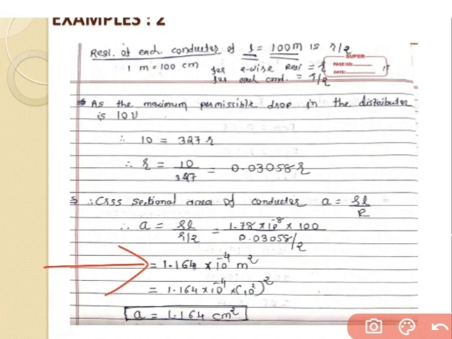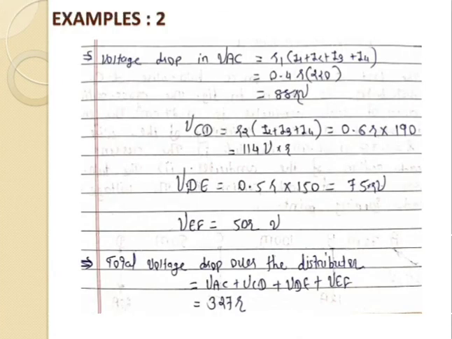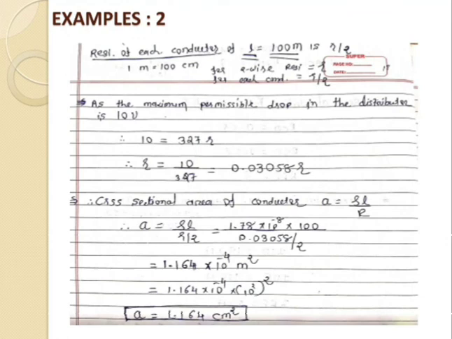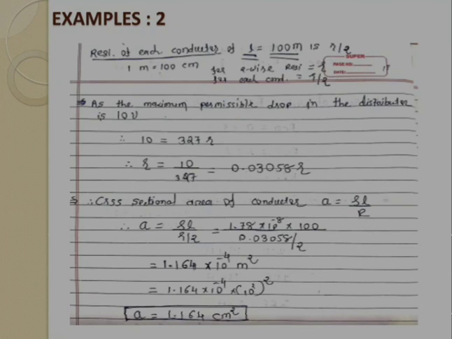Try to convert it into centimeter square. 1 meter is equal to 100 centimeter, so 1 meter square is equal to 10 to 4 centimeter square. 10 to minus 4 and 10 to 4 cancel out, so we get A is equal to 1.164 centimeter square. This is the finishing of the example.